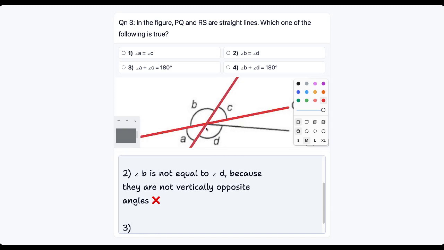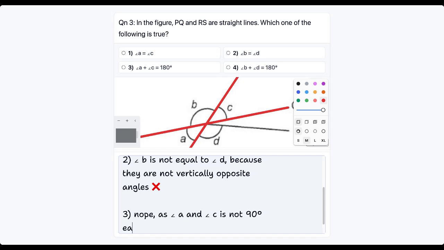It says here A plus C is 180 degrees. In this case, A and C is 180? Nope, as angle A and angle C are not 90 degrees each.